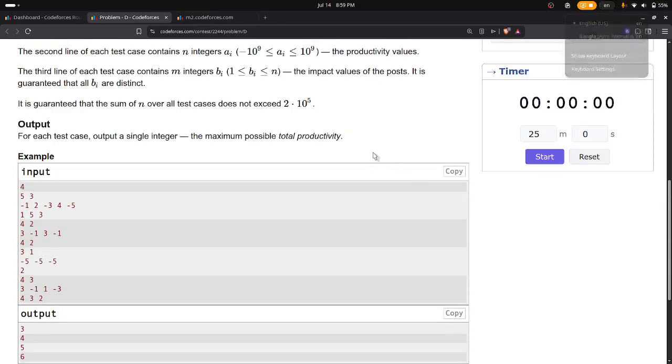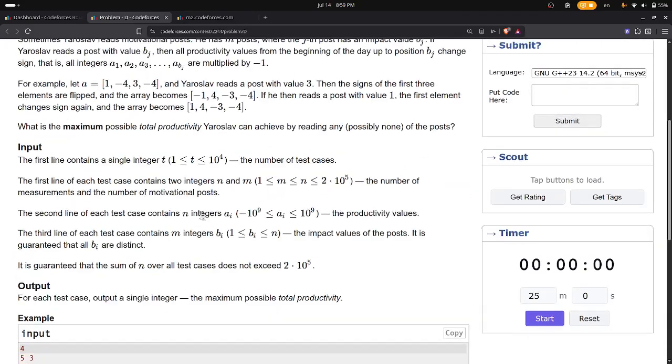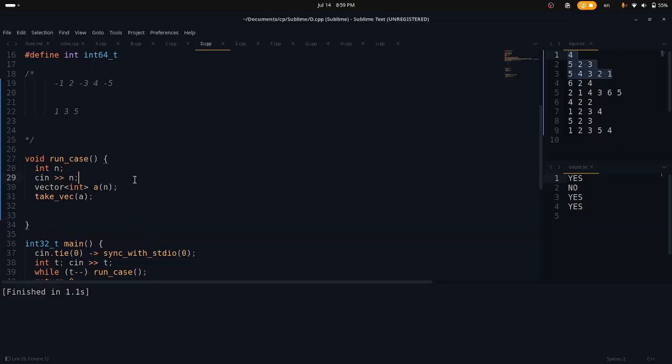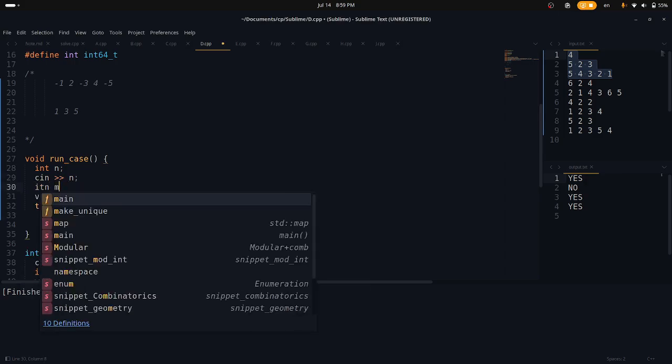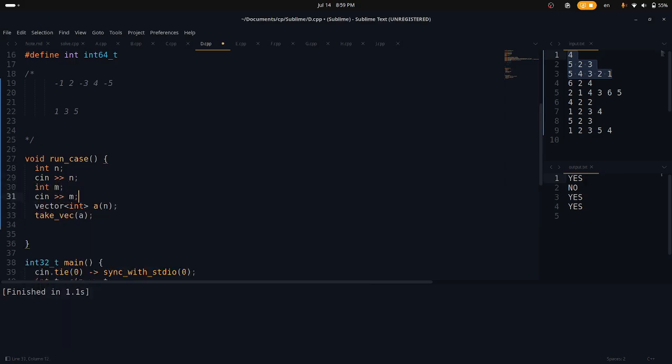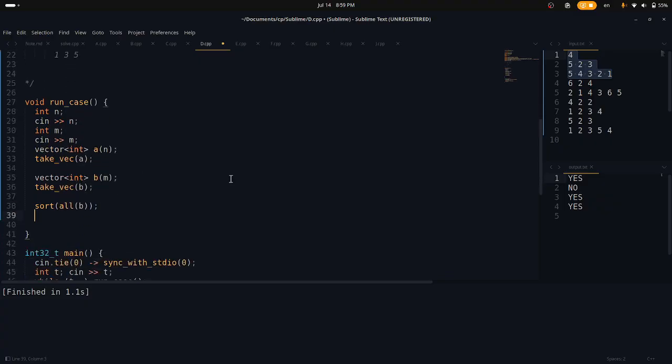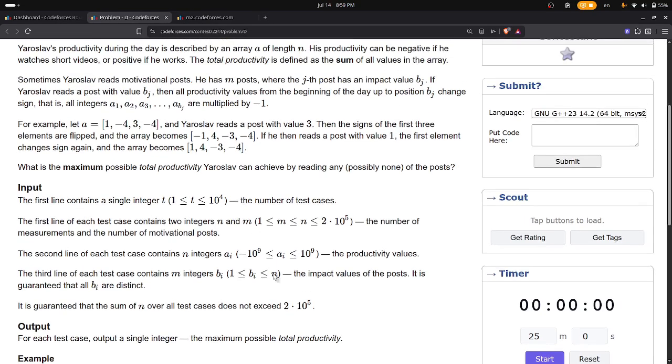So we have m in the beginning. So we are also taking values of b. Then obviously sort b. Or all of them are distinct, right?